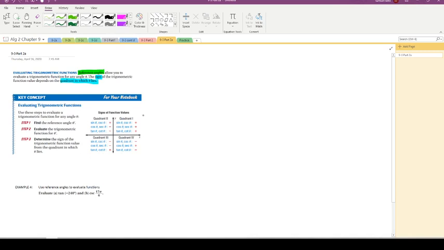Put in quadrant 1 an A, then an S, then a T, and then a C. Well, what does that mean? A represents all. S represents students.